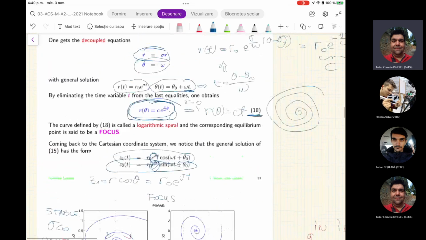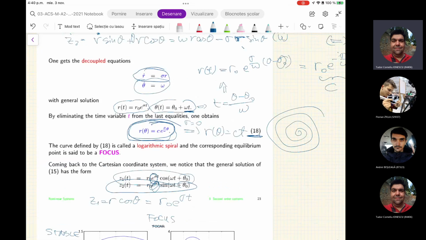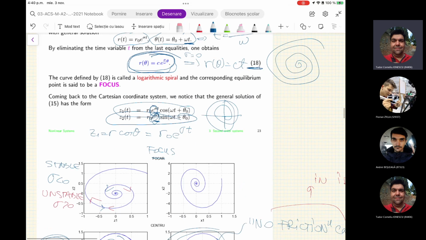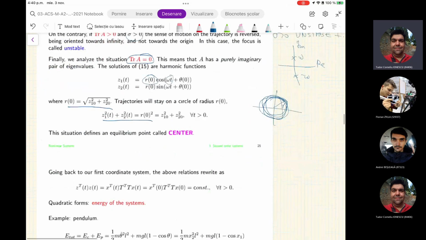So in polar coordinates, this exponential turns everything into a focus, a stable or an unstable focus. Whereas in this case, when sigma is 0, everything is a center. Okay? All right. So now you go back to the original states x, and you realize that this is constant.